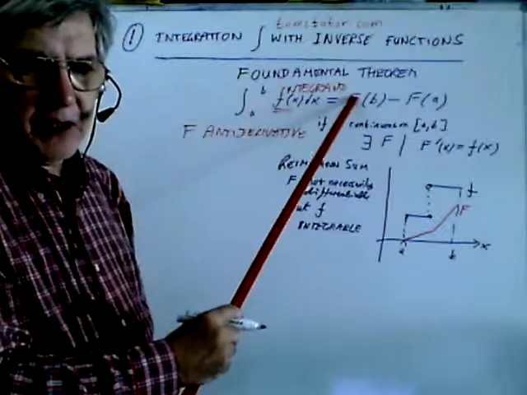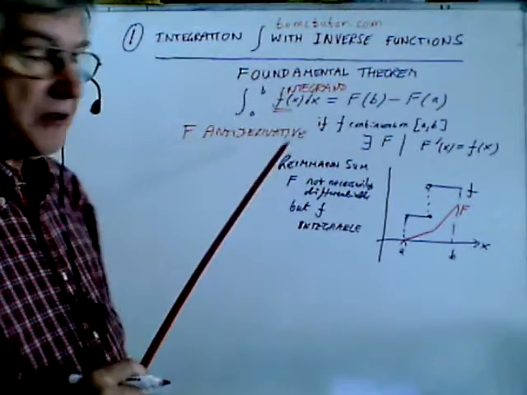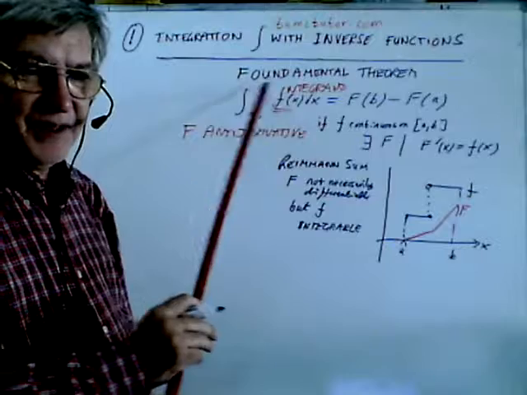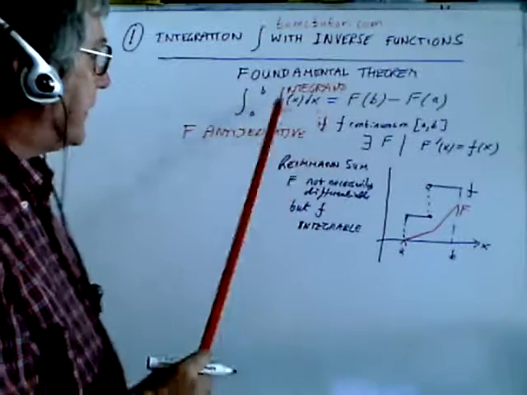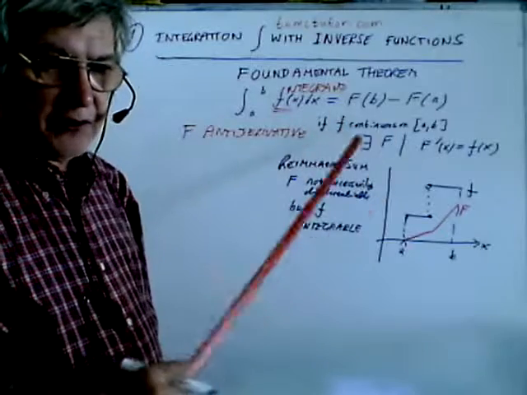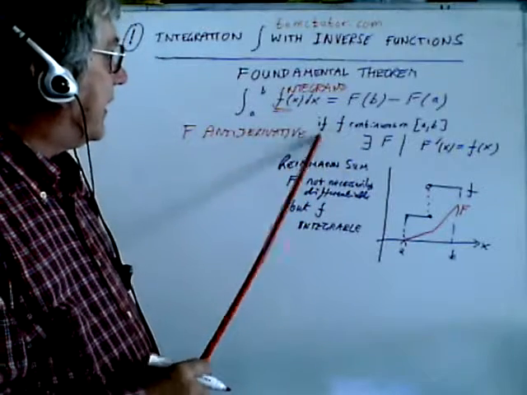Now, the fundamental theorem is quite a hefty piece of maths, so this is just an awareness. They're not going to ask you any questions about it, but I have to introduce it here so we understand it.